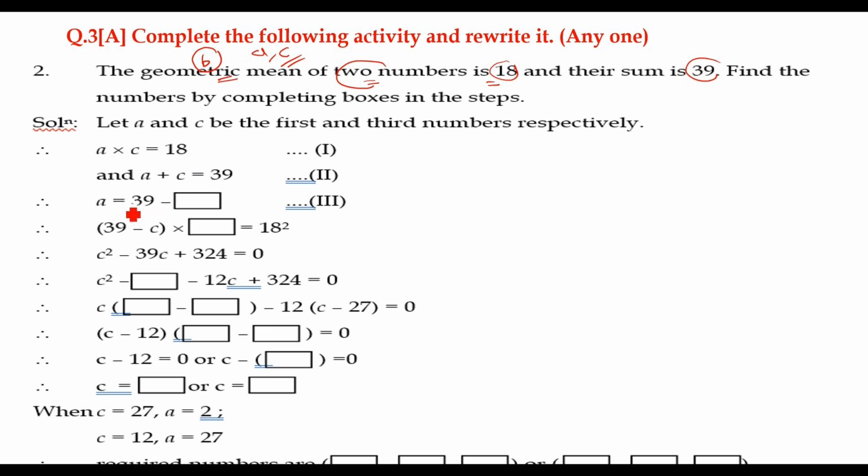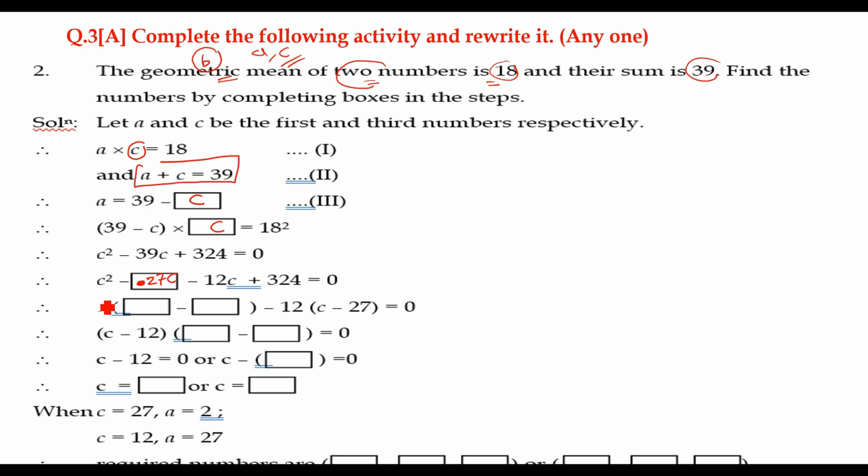So as per the given condition, a plus c is equal to 39, then a is equal to 39 minus c. If you put this value 39 minus c in place of a and multiply, you will get minus c square plus 39c minus 324, and their factors will be minus 12 and minus 27.